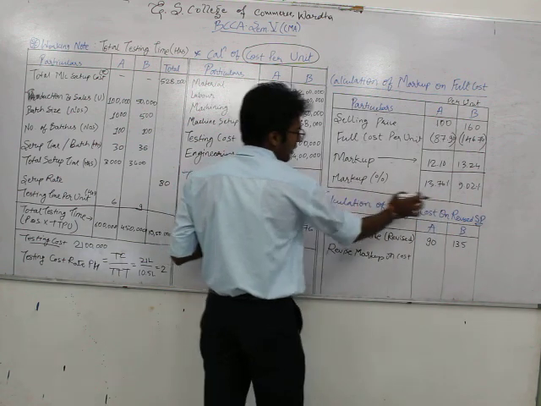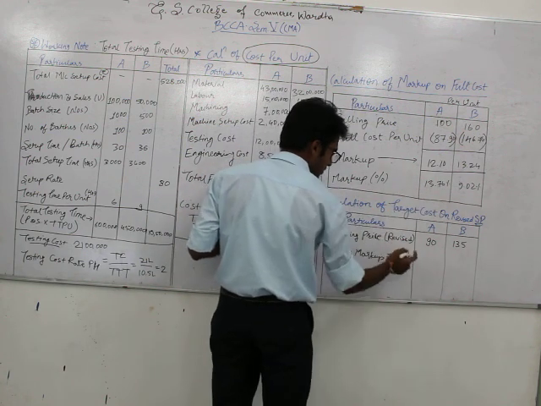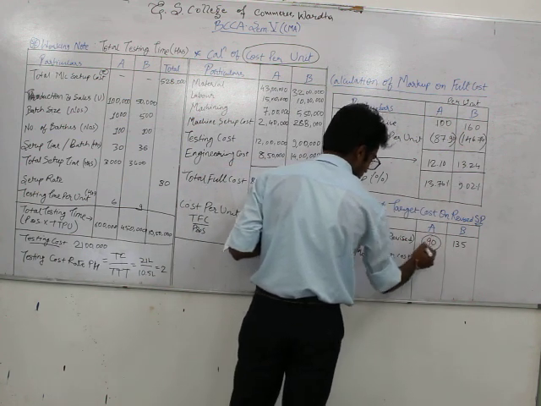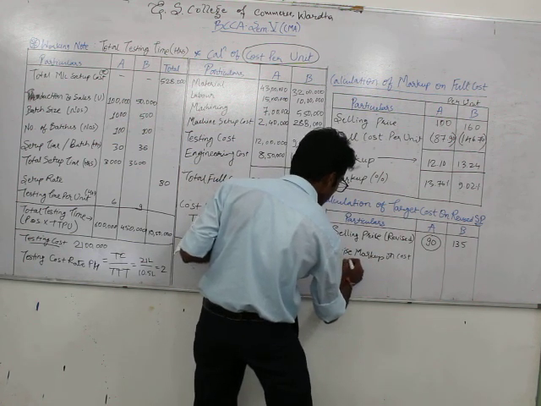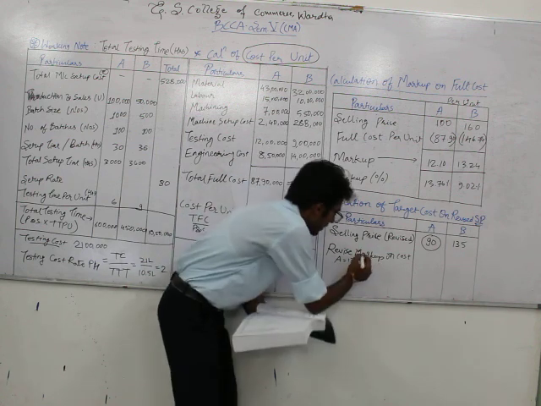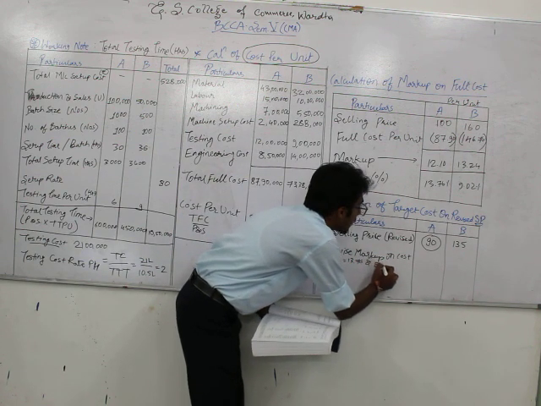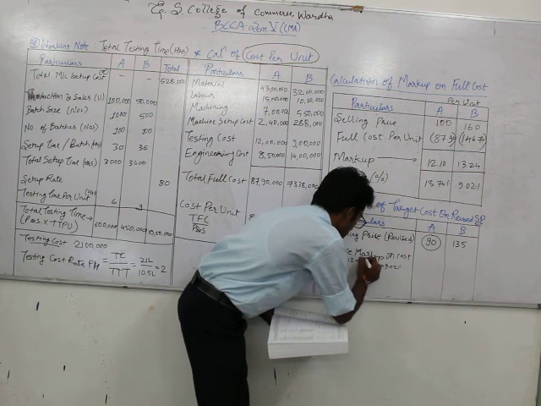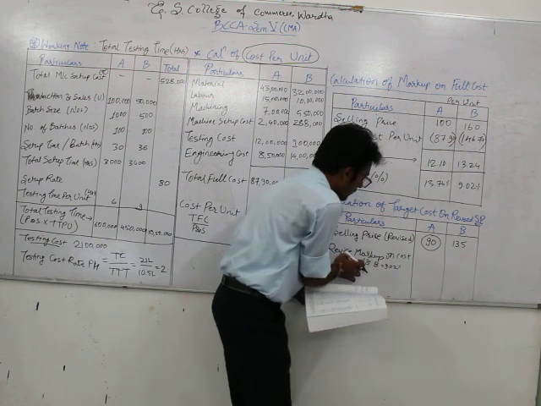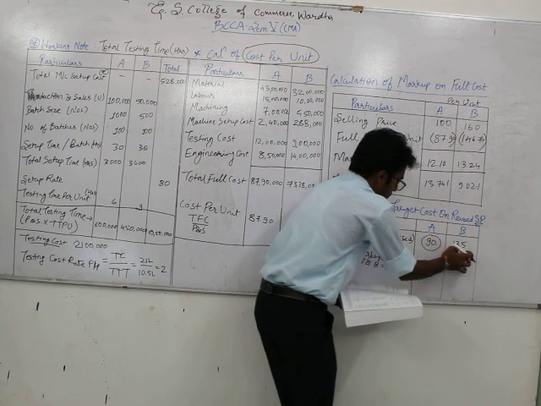Our markup is 13.76%. So 13.76% on this for A, and for B that will be 9.02%. So 13.76 on 90, 9.02 on 135.